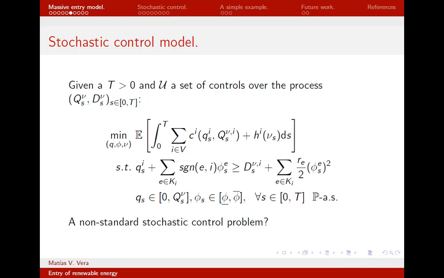We do not have certainty of how much it jumps, but we know when we control this time. So this type of process could be interpreted as buying a plant, a solar plant. So this is another process that may be interesting, and I think the results are applicable to that case.